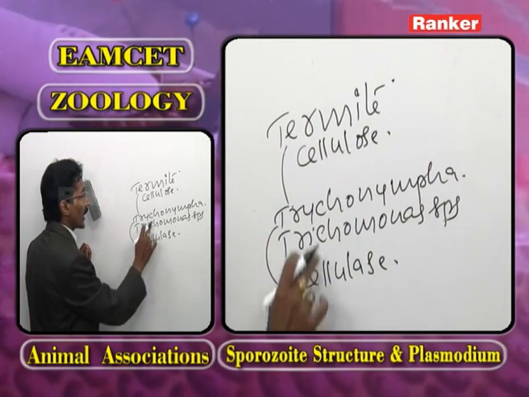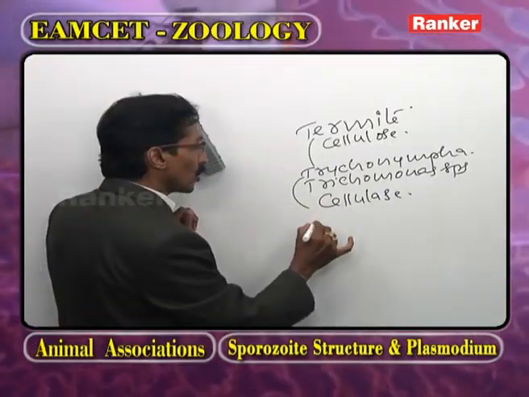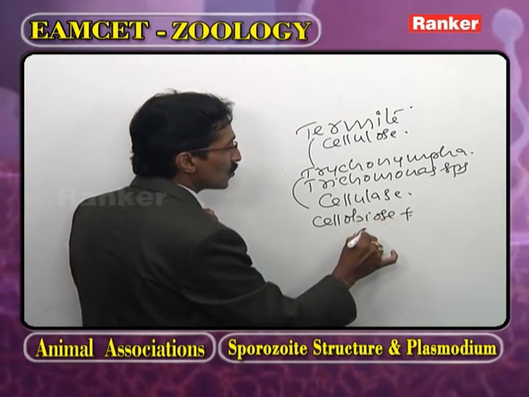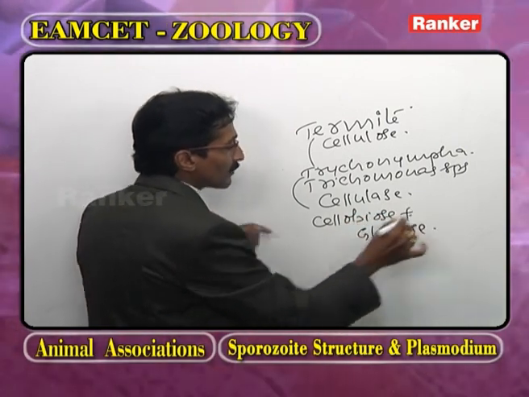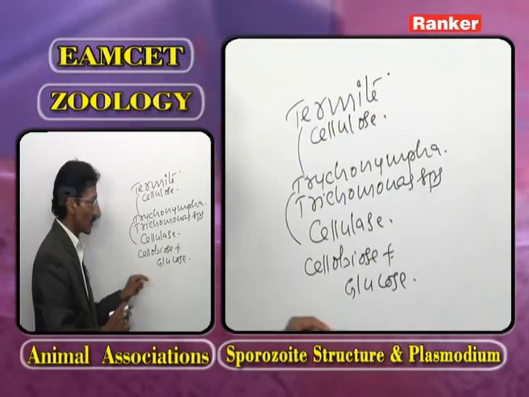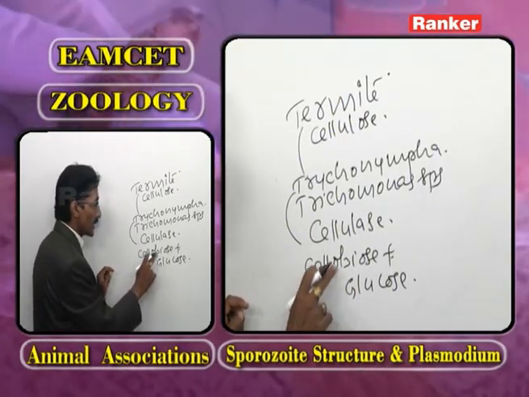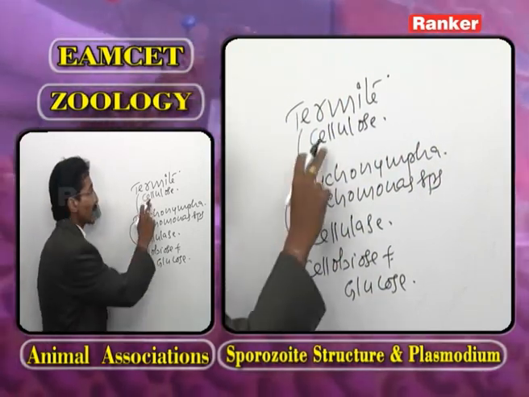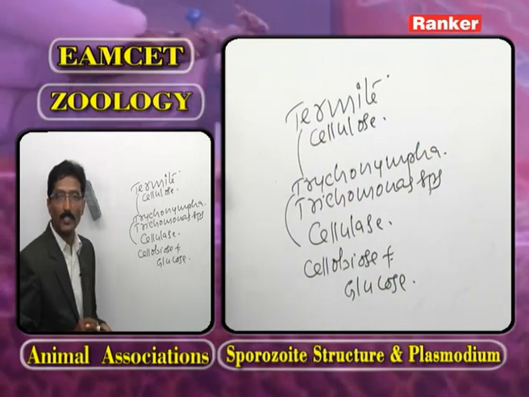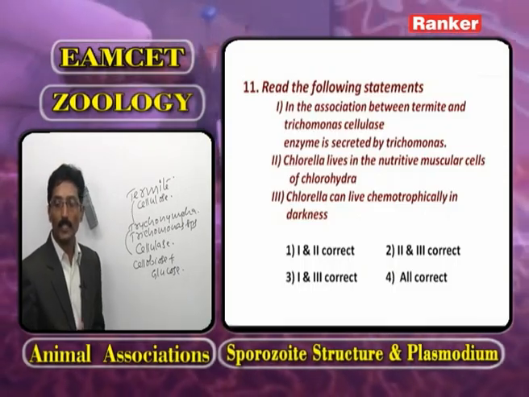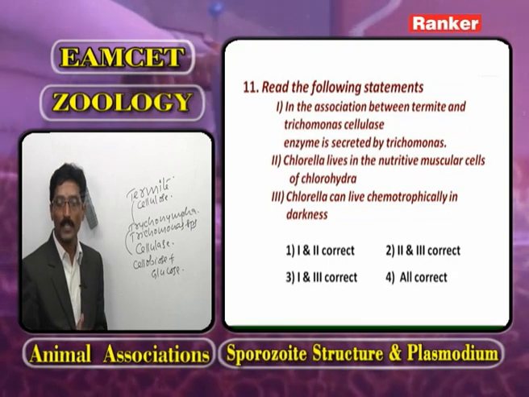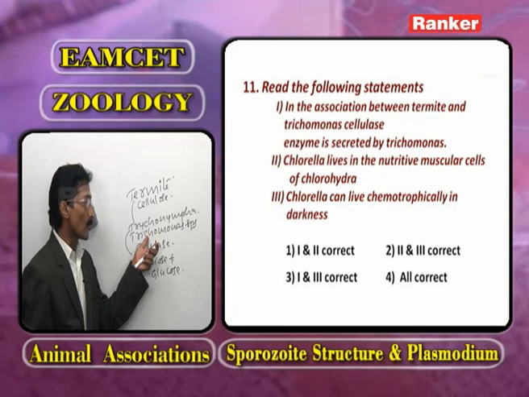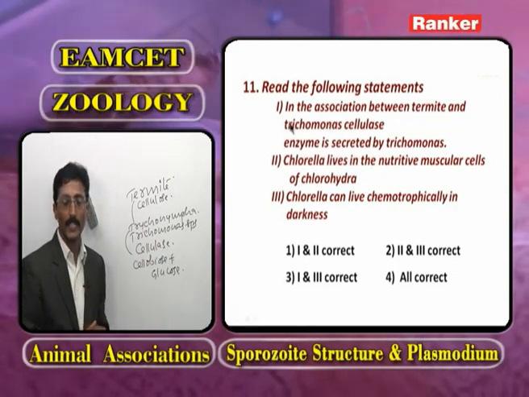The cellulase digests the cellulose into cellobiose and glucose. What is the difference between cellobiose and glucose? Cellobiose is a disaccharide, glucose is a monosaccharide. What about cellulose? It is a polysaccharide. Now what is the first statement? In the association between termite and Trichomonas, cellulase is an enzyme secreted by Trichomonas. So the first statement is correct.